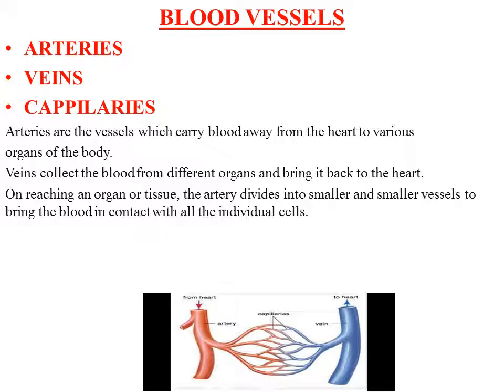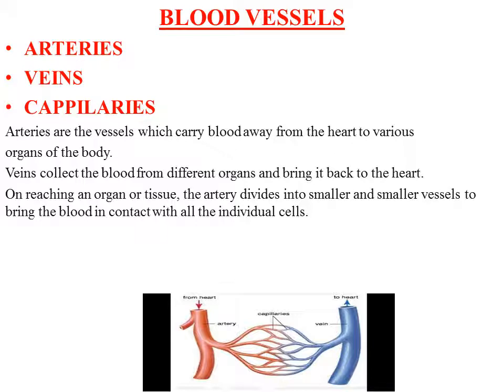This is the difference. Another major difference, once again repeating, is that arteries carry oxygenated blood, whereas veins carry deoxygenated blood.